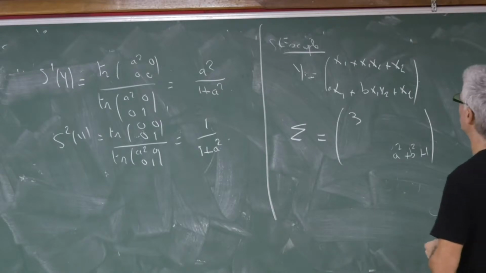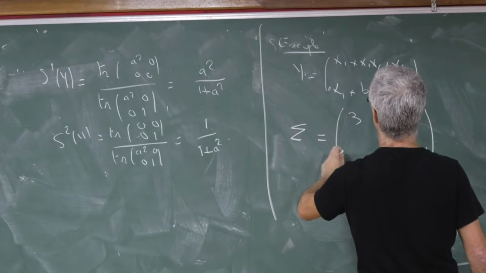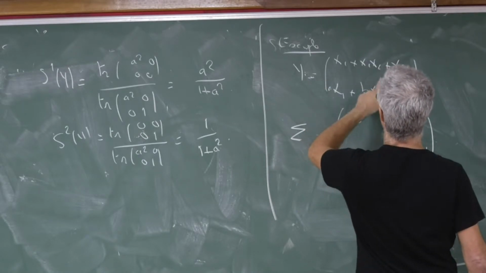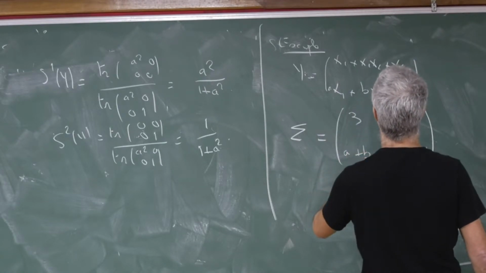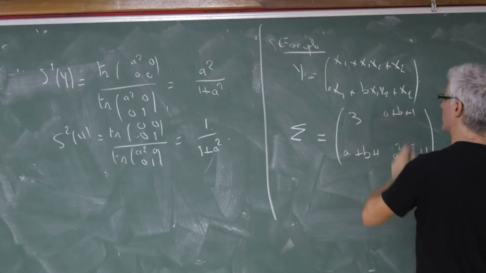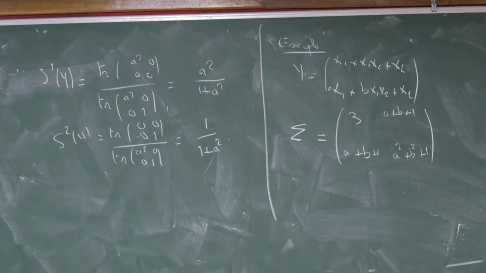And then the covariance I think will be a plus b, and the other entries are 0. So I think the covariance matrix should be something like that.